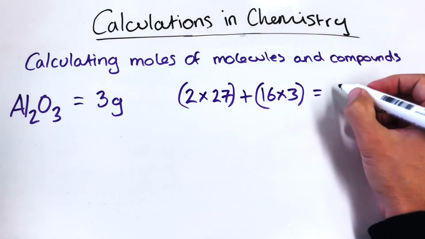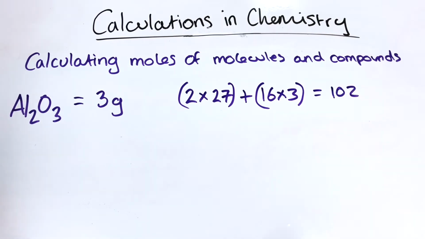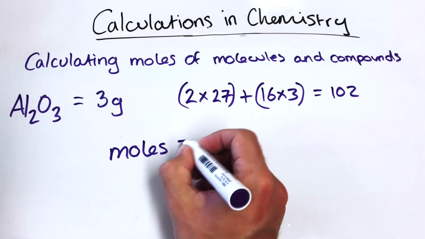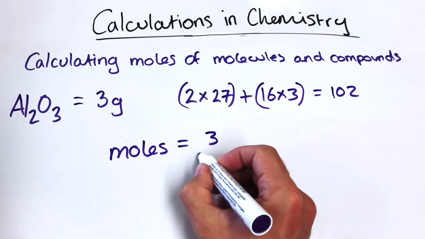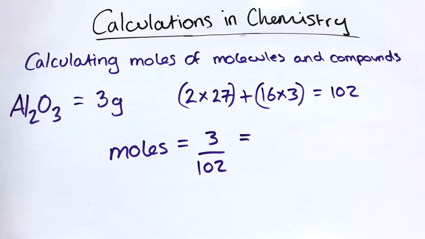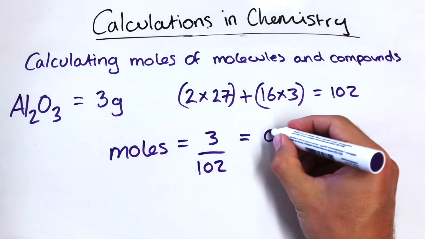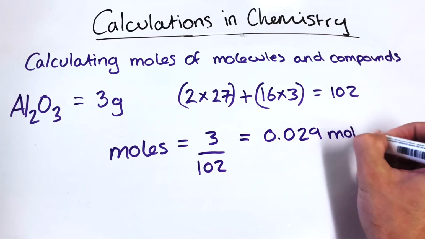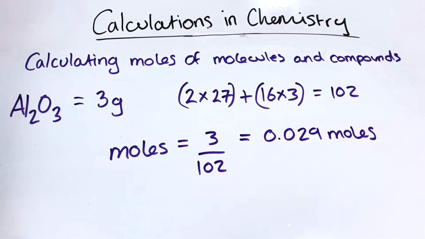So the relative formula mass, again, is 102. To find moles of aluminium oxide, this is equal to 3 divided by 102. So 3 over 102 is equal to 0.029 moles of aluminium oxide.